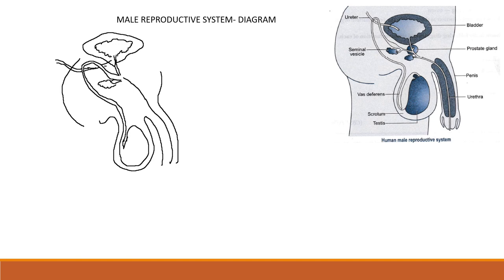Our vas deferens is looping around the ureter. There is a gland over here. Now this gland is the prostate gland, right? Here there is another very small gland. This is the bulbourethral gland, right? Fine. This is a bulbourethral gland.